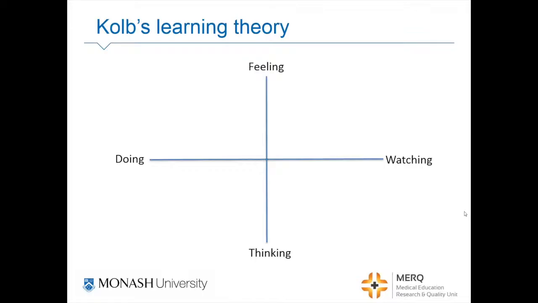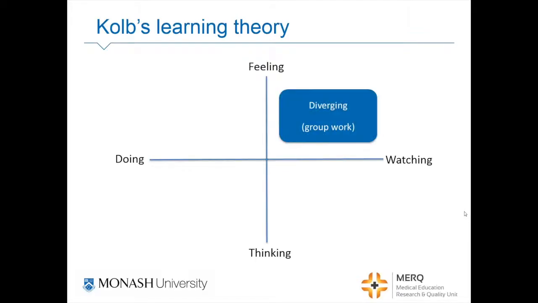Some people are feelers, others are doers, etc. This is just a more formalized way of identifying that people have preferences for learning, and what approaches you can take, taking these different learning styles into account.